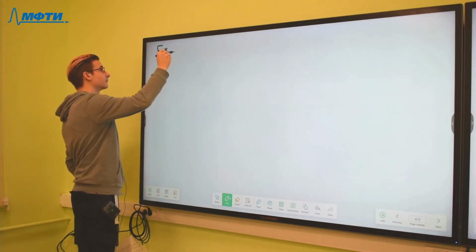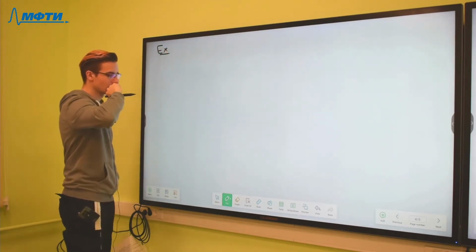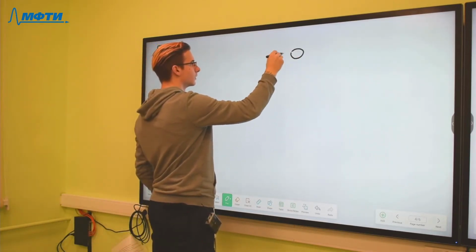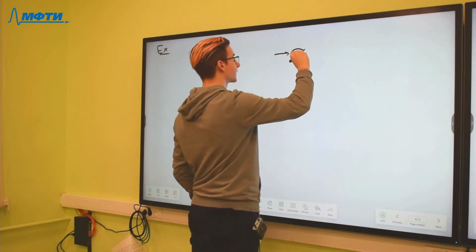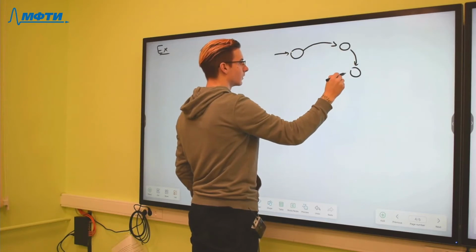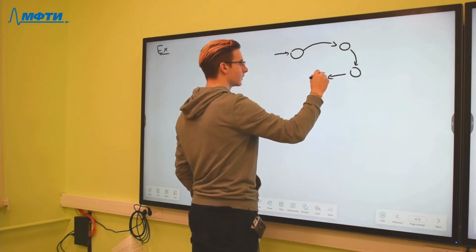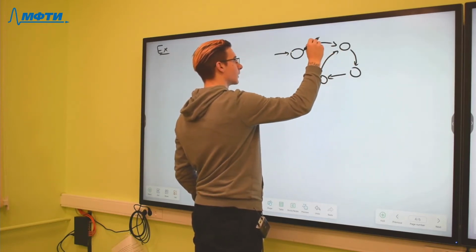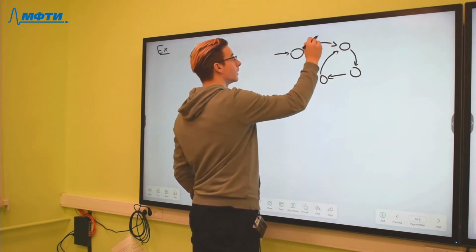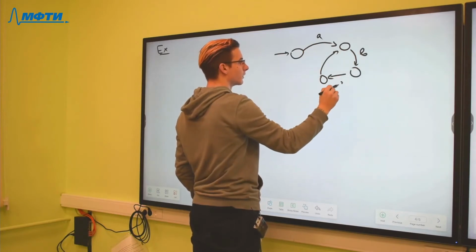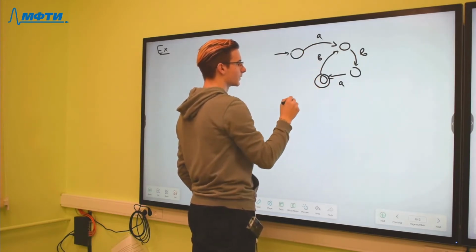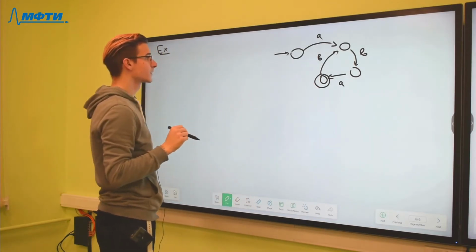For example, I can draw the same automaton as in the previous example, with transitions A, B, A, B, and the final state is the start state.